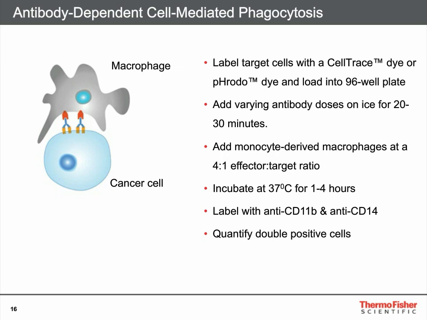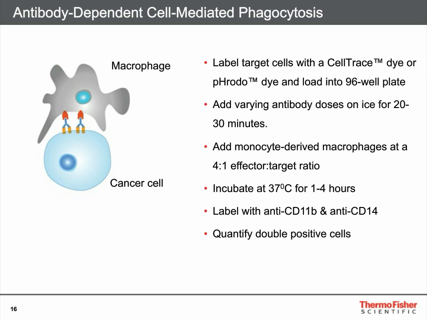So over the course of about a week, we'll derive our macrophages, add these to each of our wells at a ratio in the range of 4:1 effector to target cells, incubate long enough for our phagocytosis to occur, and then commonly we've already labeled our target cell with either a cell trace dye or something else.